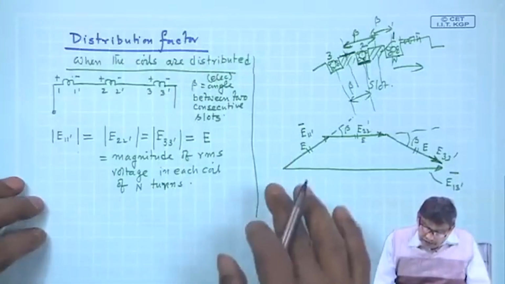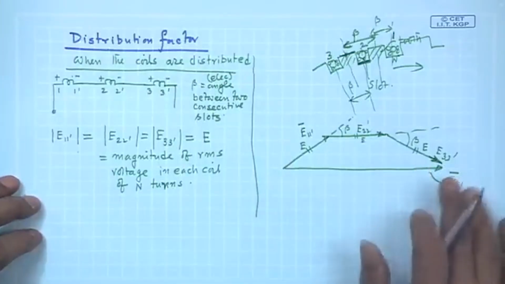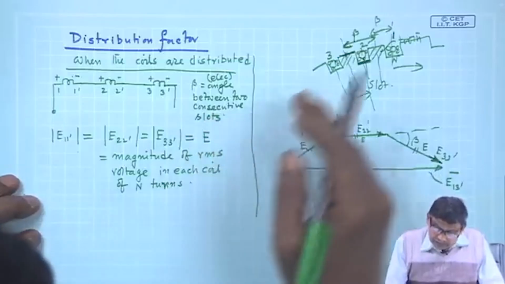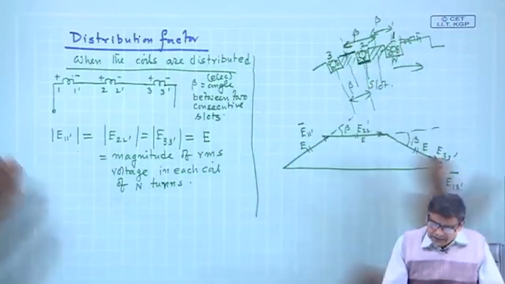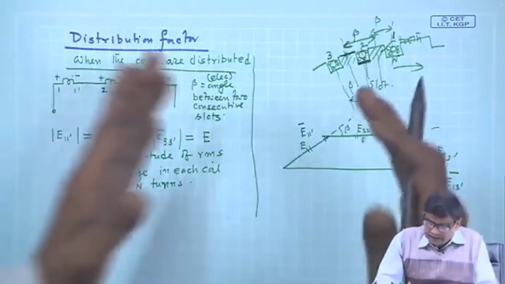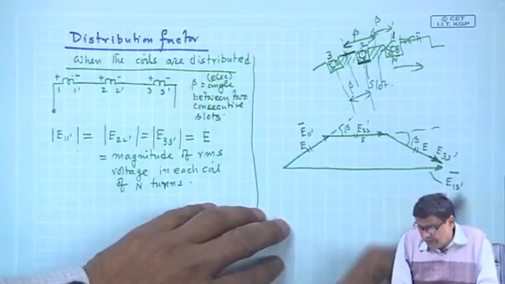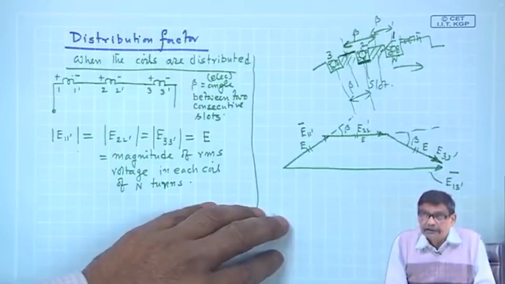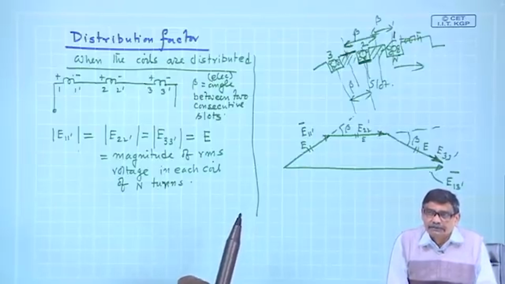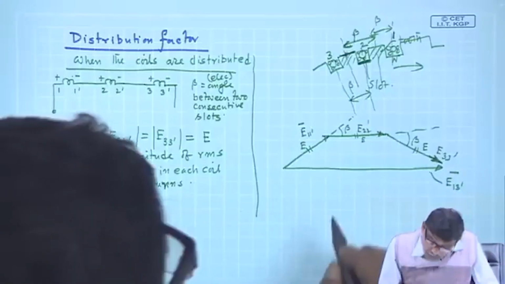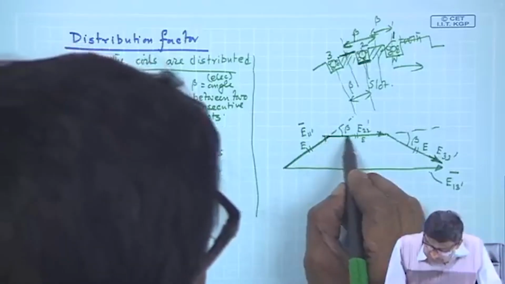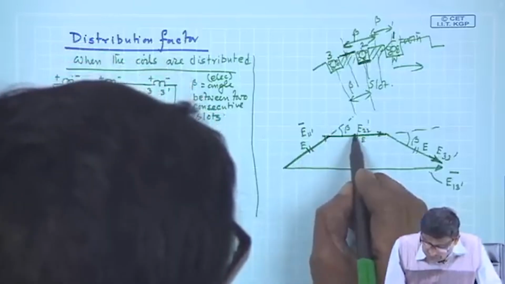Now, I would like to calculate what will be this resultant voltage. In this way you can go on adding, distributing the coils further if necessary. If this whole turns is distributed in 4 slots, I would have added another phasor here to get the resultant voltage, but the more you add, you will start losing more voltage, that is the thing. Now, these angles are beta, and these sides are equal here.